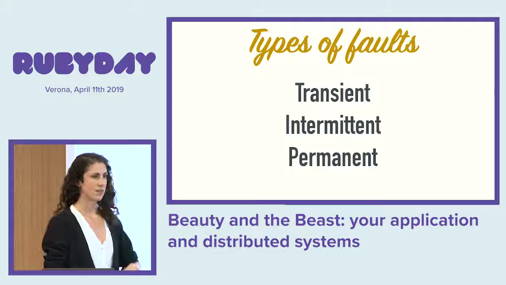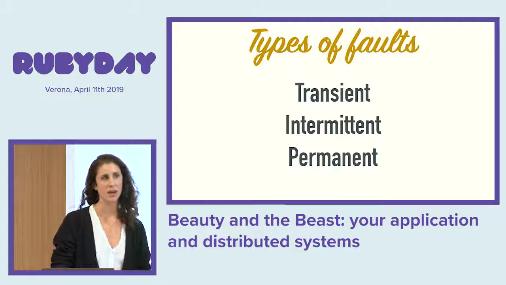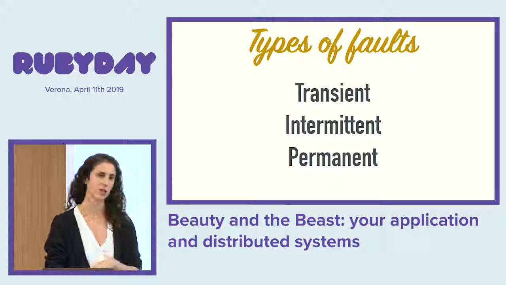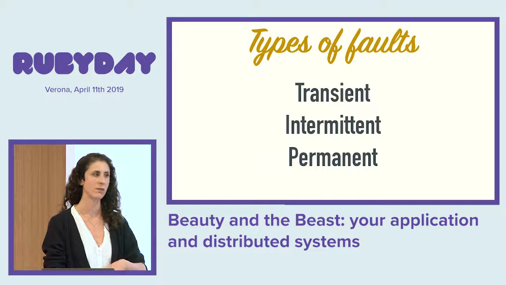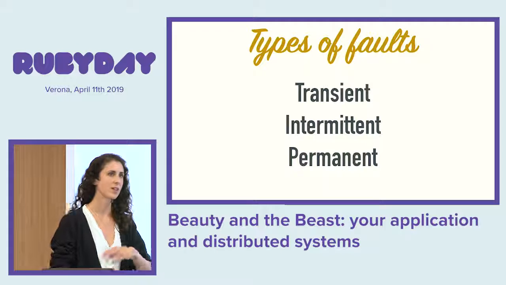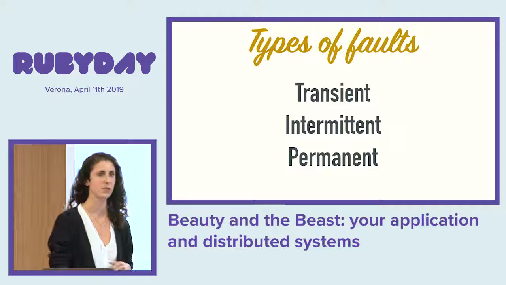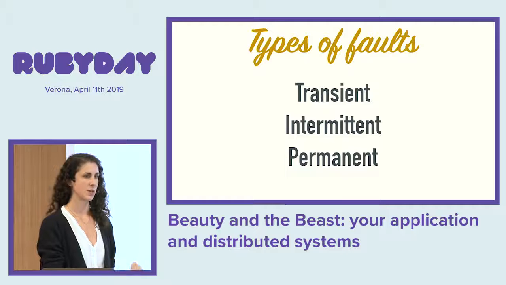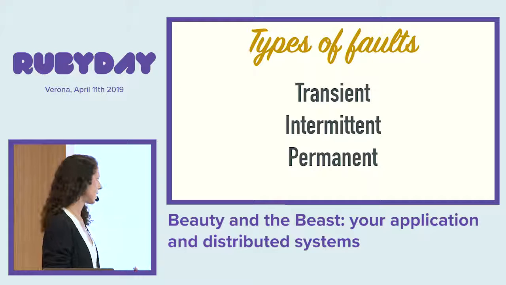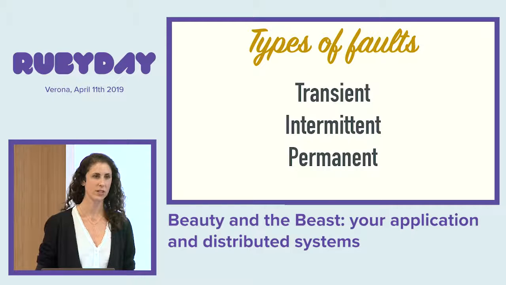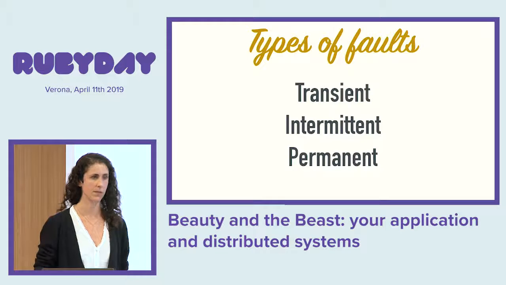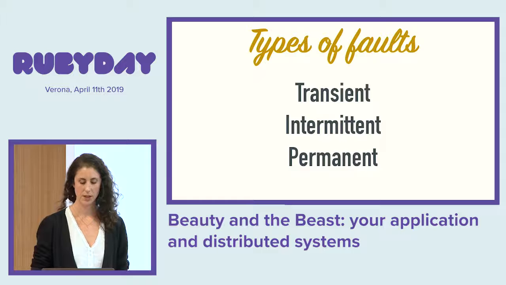Intermittent faults are faults that come, and then come again, and then maybe again, and then eventually go away. So they persist for some period of time repeatedly, but they don't go away immediately, but they also don't correspond to a complete outage of your system. And then a permanent failure is one that happens and is an outage, so you can't recover from it. The system really goes down.